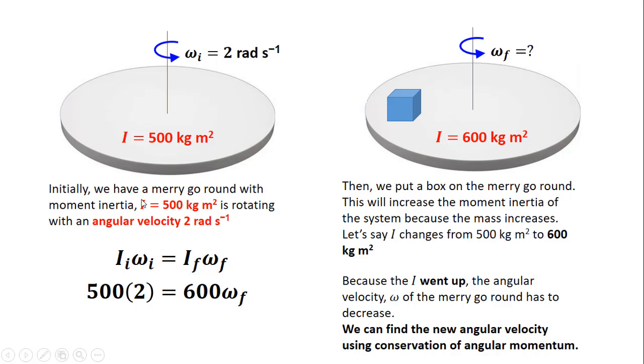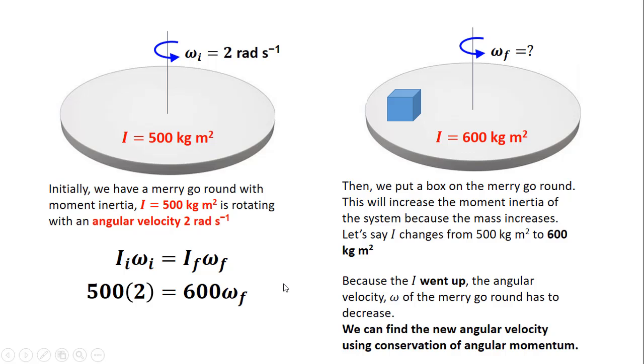Our I initial is 500. Our initial angular velocity is 2 radian per second. Our I final is 600. So what is our final, or new, angular velocity after we put a box on the merry-go-round?